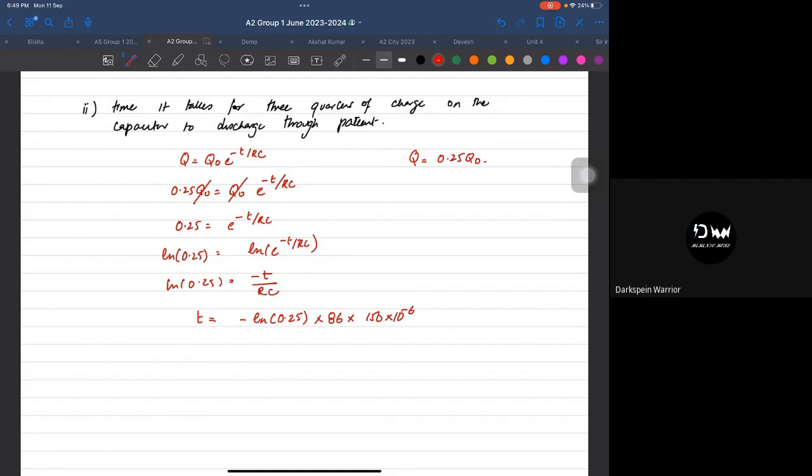You do this, you're going to get 0.018 seconds. Any questions, anyone? Those who could not do this, please write this down so you can learn.